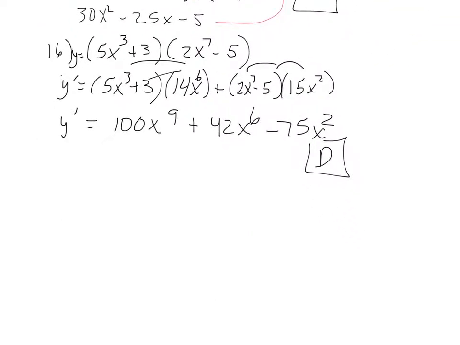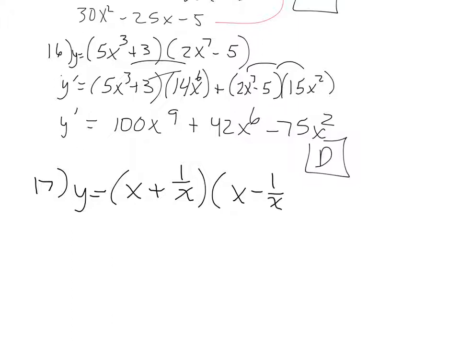All right, 17, I thought of right away of multiplying this out because I saw a plus and minus, and that always makes me happy because that means the middle term is going to cancel out. So if I multiply this out, I get x squared minus 1 over x squared.